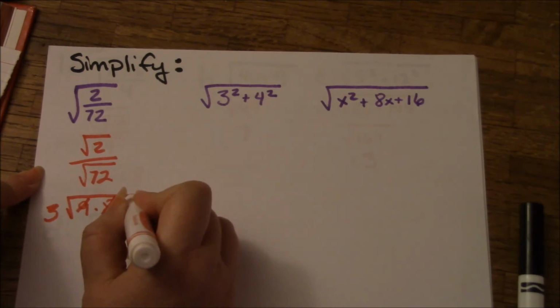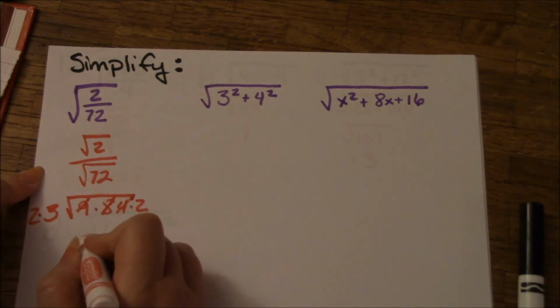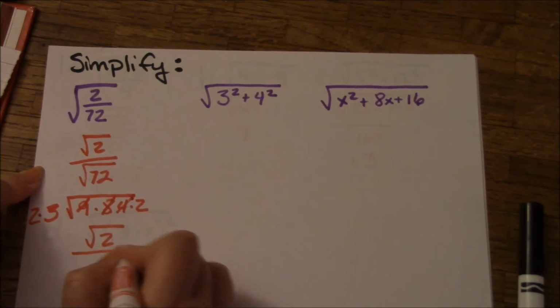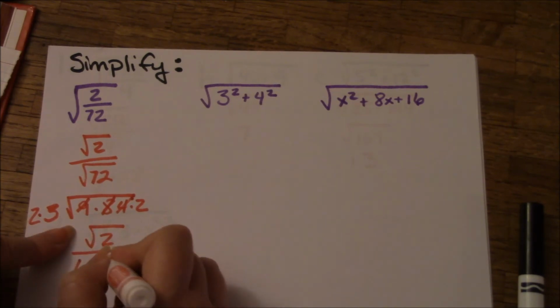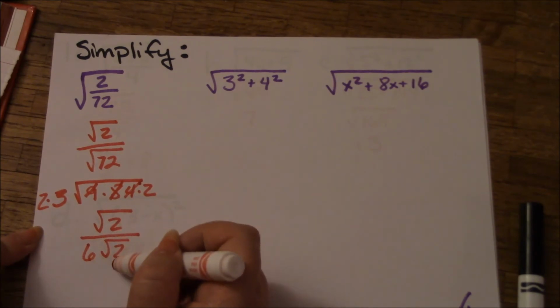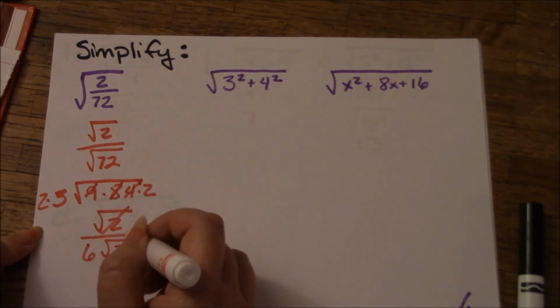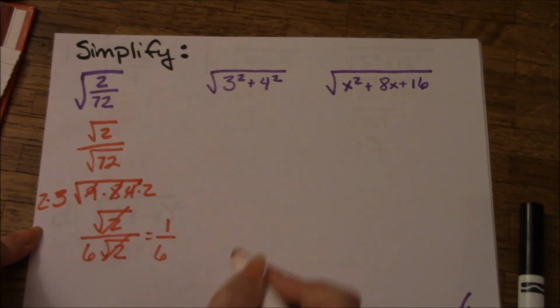I can pull that 4 out. The square root of 4 is 2. So I've got the square root of 2 over 6 times the square root of 2. And if I divide the top and the bottom by the square root of 2, those cancel out, and I end up with 1 over 6.